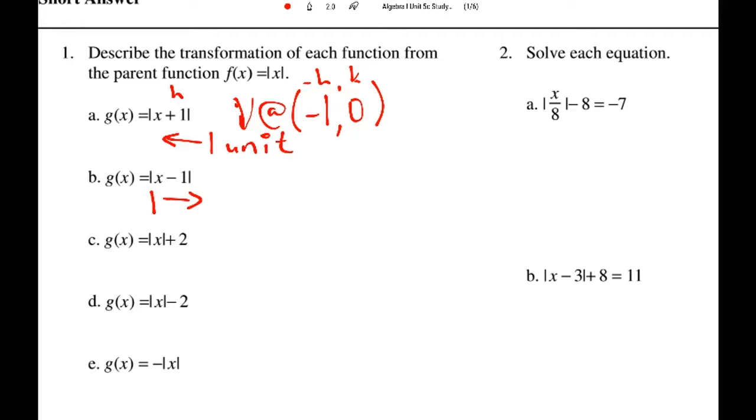So you will go to the right 1 unit. Okay, so this transformation, and this is what you have to write, is a horizontal shift to the right 1 unit. And again, you could always double check with your vertex. The opposite of negative 1 for your h, and k is 0.